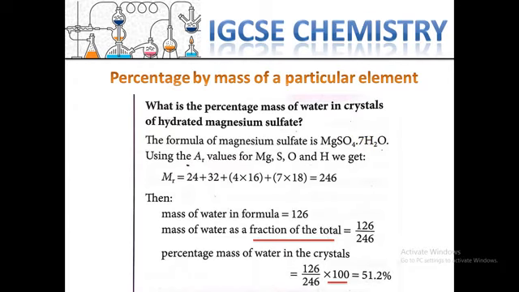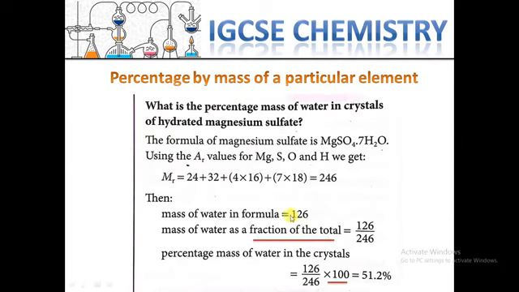As we calculated previously, the total relative molecular mass of the compound is 246. Separately, we have to calculate the water.